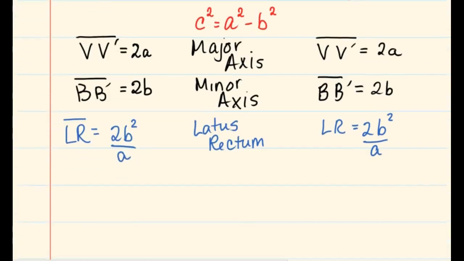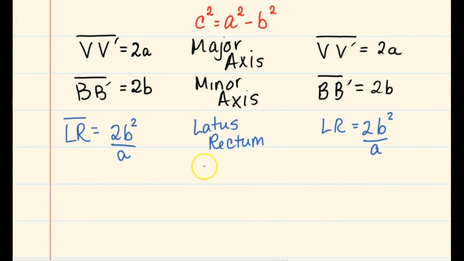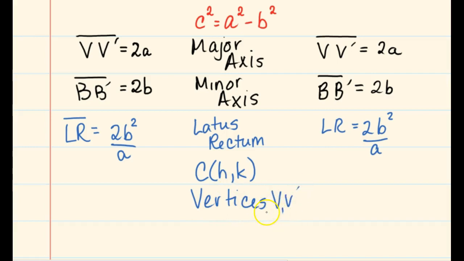Let me show you that we can find our vertices, the V's and the V primes, from our center. It depends. For this one, since it's horizontal, we take our h, our x value, and we add and subtract little a, and keep the same y value.